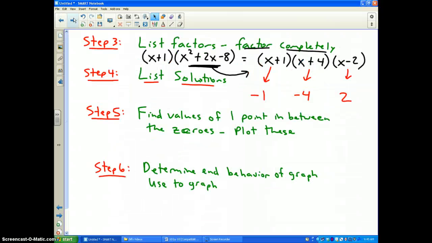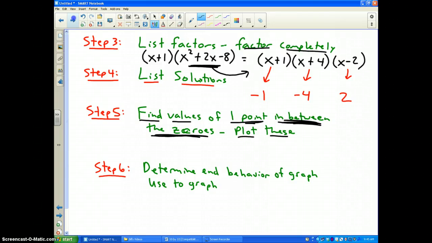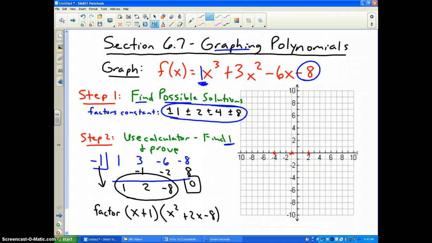So, step 5. If you need to pause the video, go ahead and do this. But we need to find the values for one point that are in between each of the zeros. And then we're going to plot them. All right, well, I'm going to go back. I need to find the value of a point in between each of those zeros.